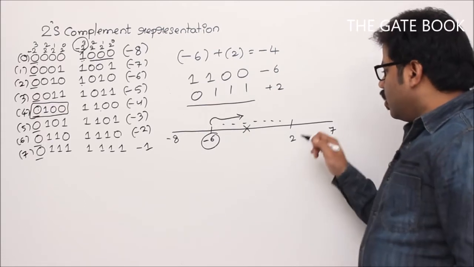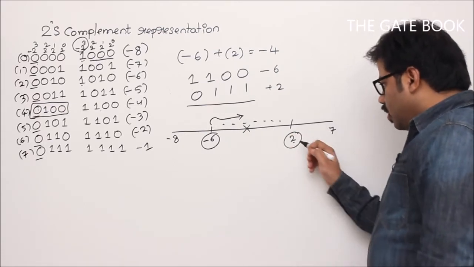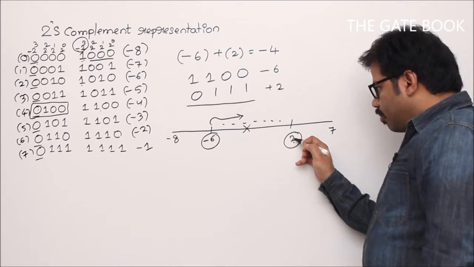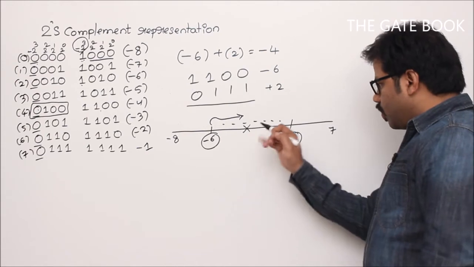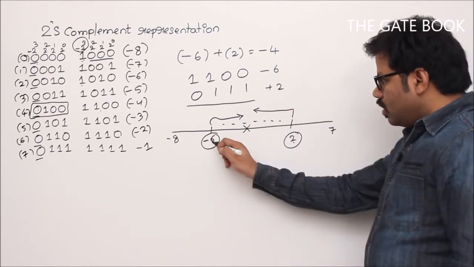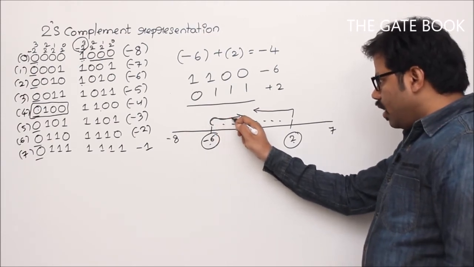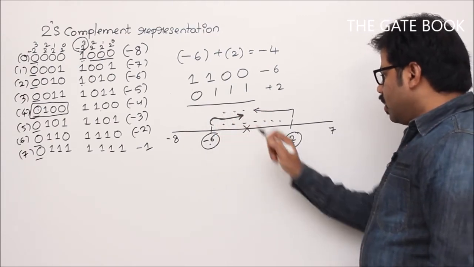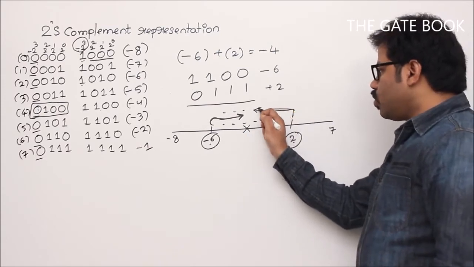Second thing, when we are adding 2 plus minus 6, it means we are subtracting something from 2, so the result is supposed to be this side. So minus 6 says that since some positive number is added to me, the result should be this side. Then this 2 says that since something is subtracted from me, the result is supposed to be this side.